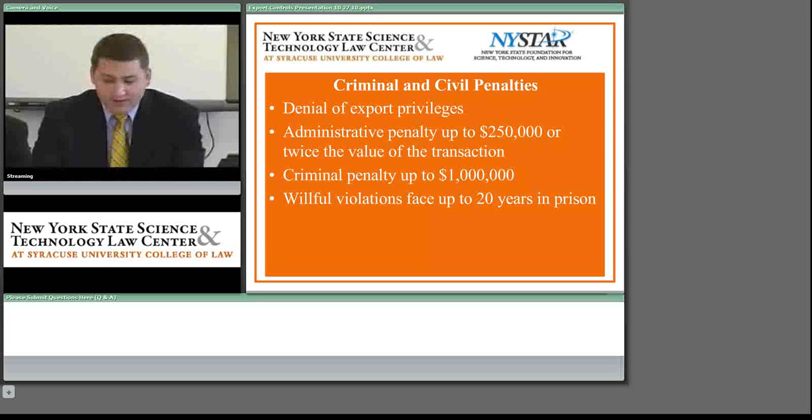Criminal penalties can carry up to a $1 million fine per violation, and an administrative penalty can carry up to $250,000 per violation. In addition, if a person willfully violates the EAR by exporting an item that is controlled for national security reasons, they could face up to 20 years in prison.